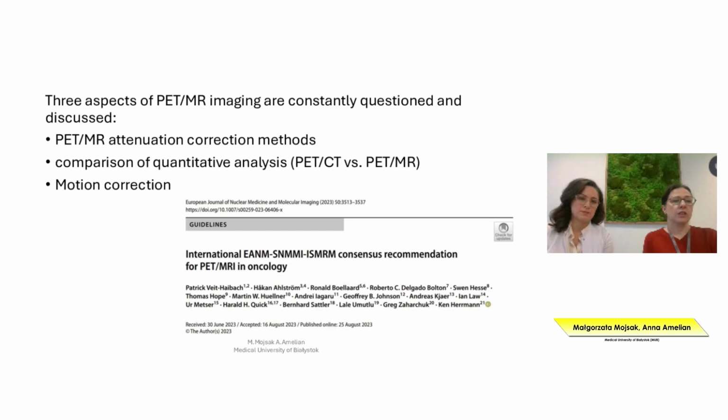In case of PET-CT attenuation correction, there's the Hounsfield scale that is used for describing gray area. However, in PET-MR, we cannot use it. So actually, PET-MR provides a better, much easier attenuation correction.